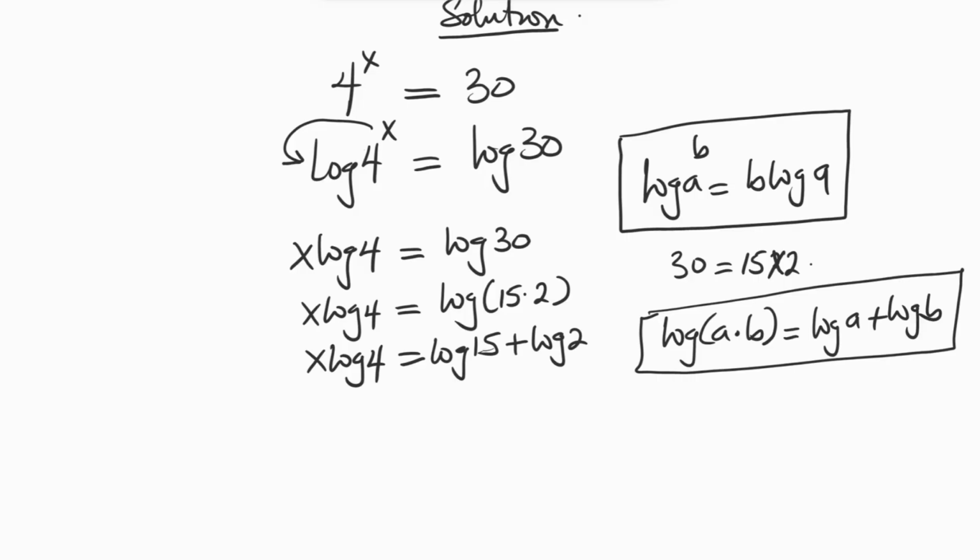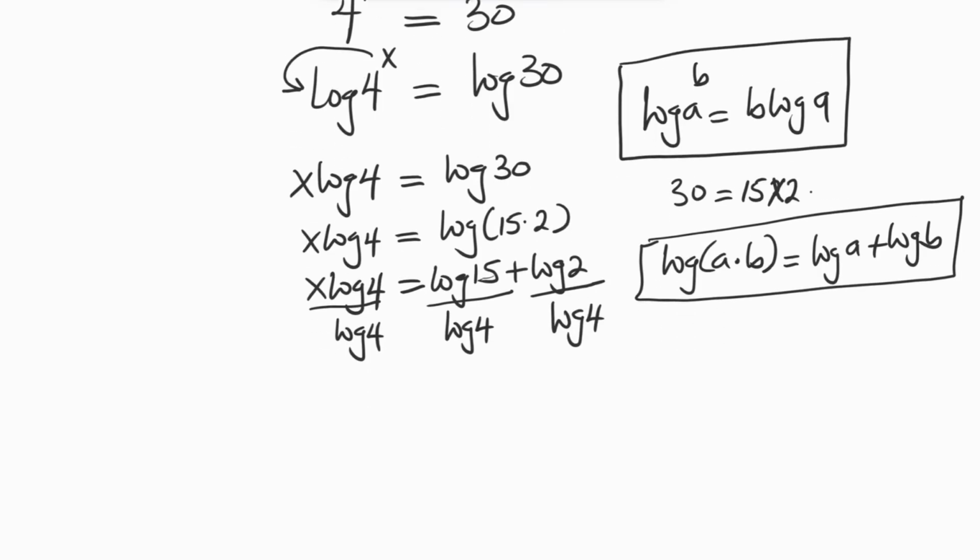Now, to find the value of our x, we need to get rid of log 4 because log 4 is attached to our x. So we divide through by log 4: divide log 15 by log 4, divide log 2 by log 4. What do we have?